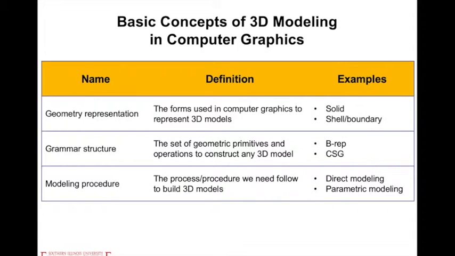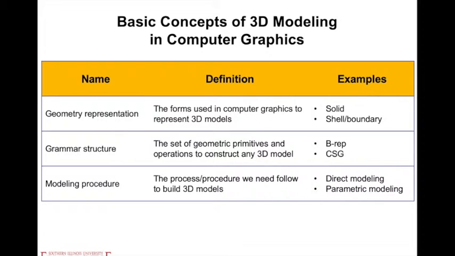So now the next question is, next I want to give you some basic concepts of 3D modeling in computer graphics. Because when you look at the model, the model is actually pseudo 3D. It's not a real 3D because the PC monitor is only two-dimensional.